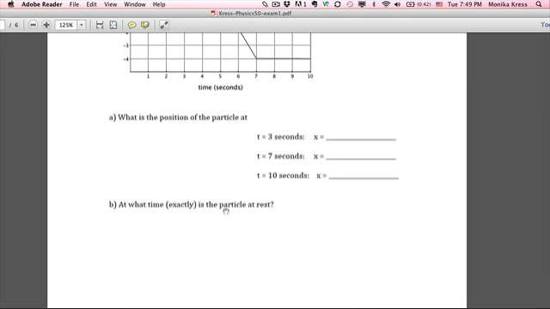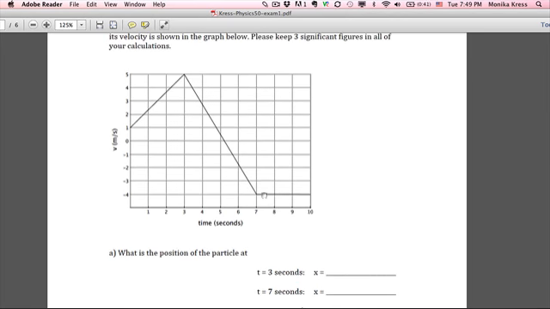To figure out when the particle is at rest, a lot of people seem to know that the particle was at rest here. That's when velocity is equal to 0. But here you do need to find the acceleration. It's your delta y over delta x, or your delta v over delta t. So you're going to find some negative number for this. And then in order to find the actual time that this occurs at, you have to plug it back into this equation.